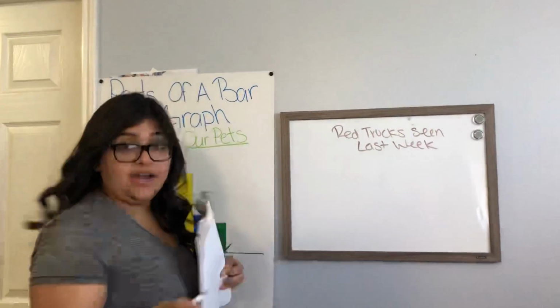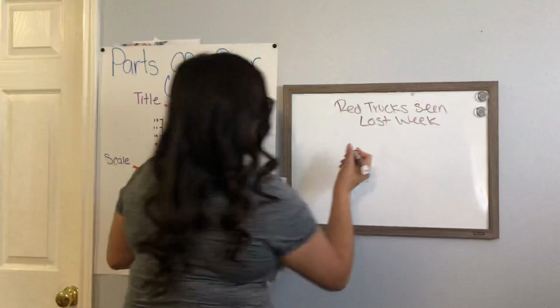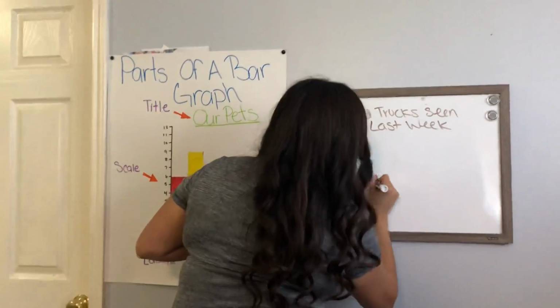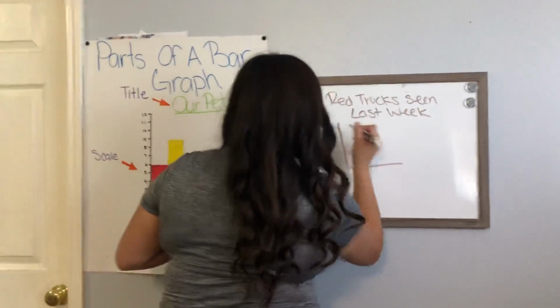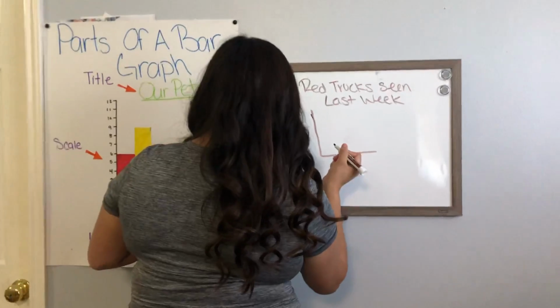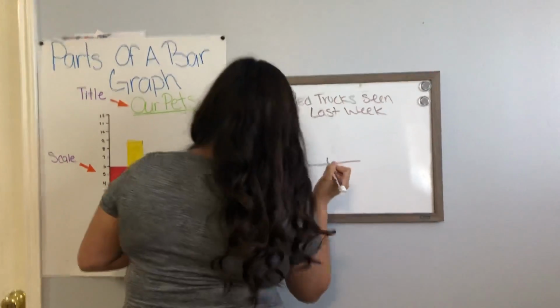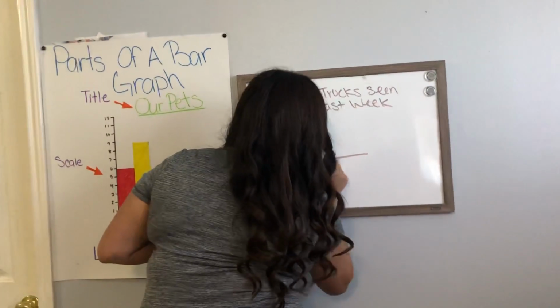So we have our title down, and now we're going to make a scale. And we're going to put 4 people that we asked.